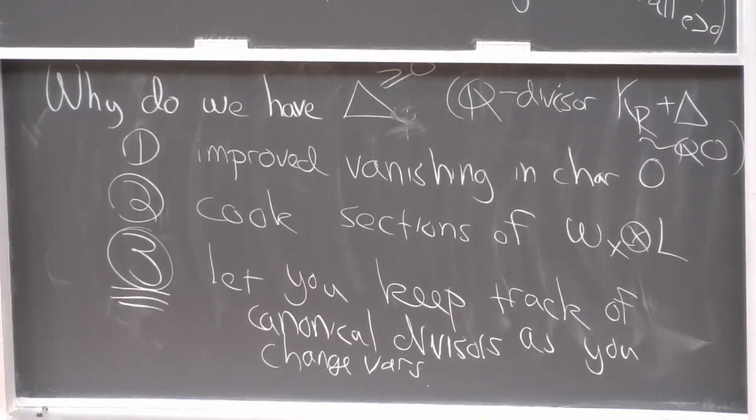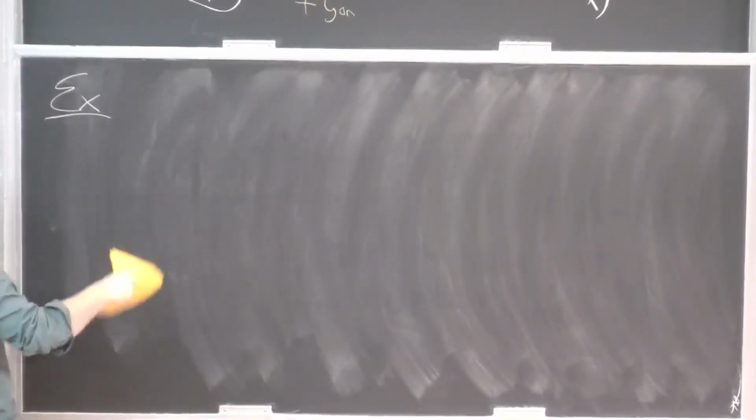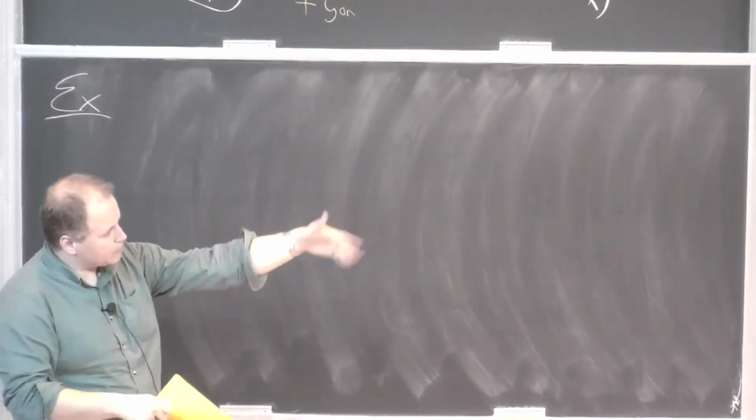Okay. So let's do a quick example. And again, it's just to help you understand how this divisor and map correspondence works.